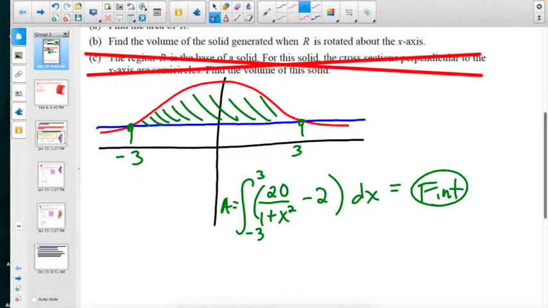I know this is a calculator question. It's on the calculator part of the test. So, getting an f-int, what do you get for an answer?